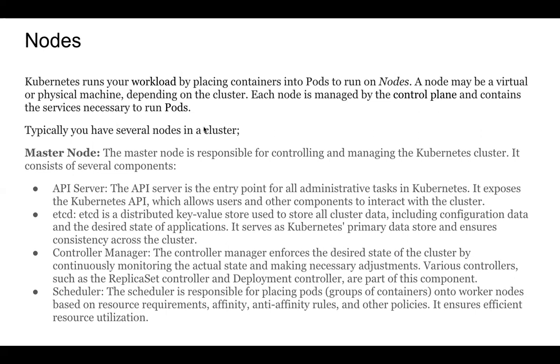Typically you'll have several nodes in the cluster, but two main categories: master node and worker nodes. The master node is responsible for controlling and managing the Kubernetes cluster. It contains several components: the API server, etcd, controller manager, and scheduler.